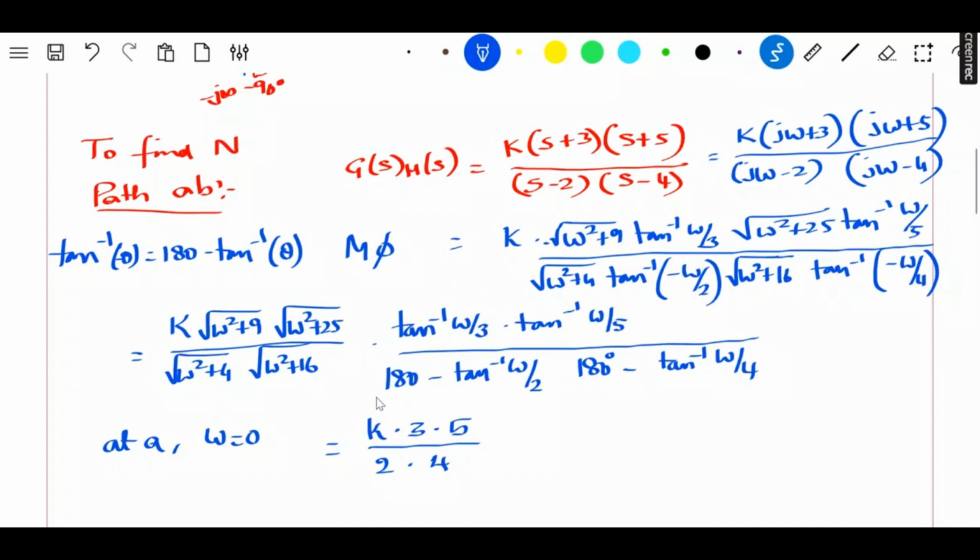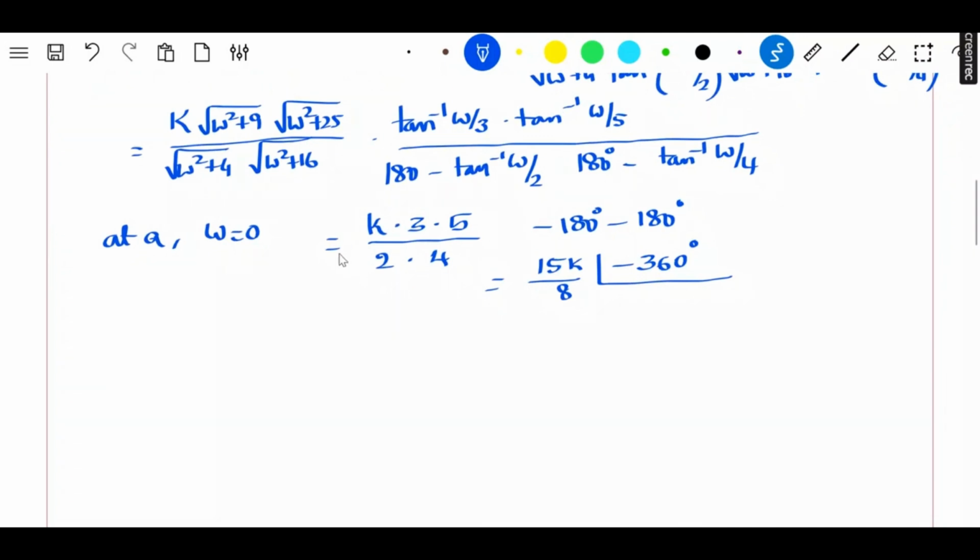All this becomes 0, only 180 plus 180 remains, which becomes minus 180 each, because it is in the denominator. So finally we have 5 threes are 15, 15K divided by 8 is the magnitude at an angle of minus 360 degrees. So this is at A.